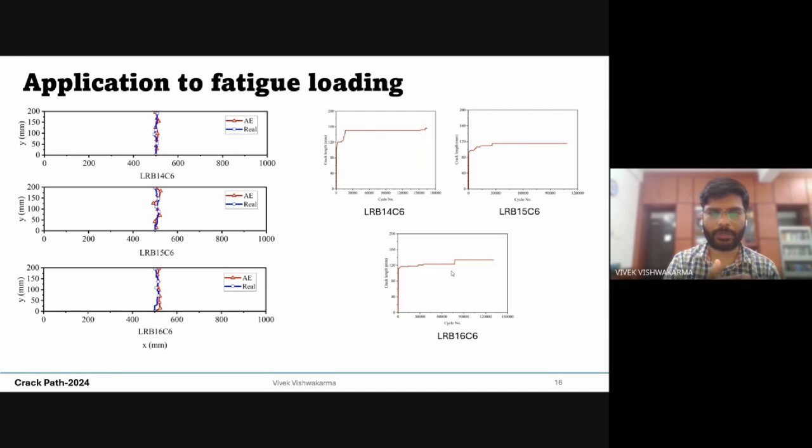First is rapid growth, then stable growth, and then rupture. So when your material is in the stable growth zone, the quantity of data is going to be very less, and that's why you see this variation. So I will reiterate that I'm trying to refine this, how to tackle this problem.